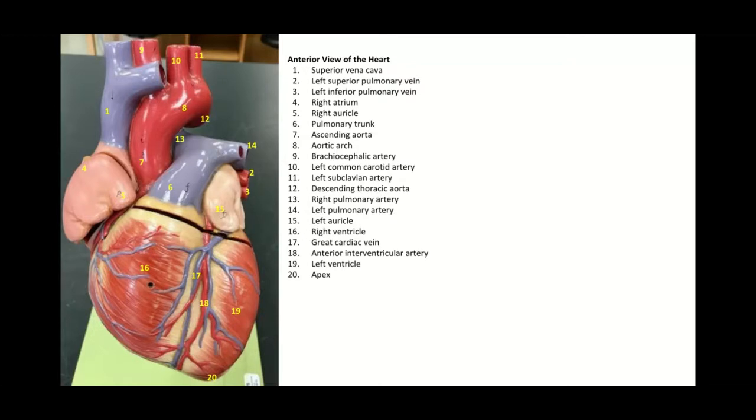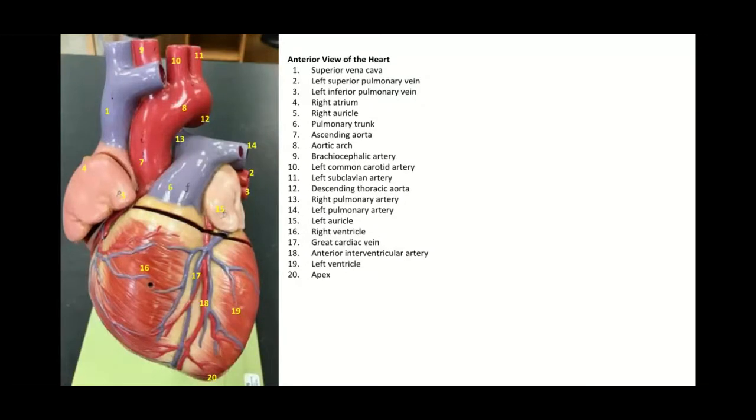The aorta has 3 important parts. First, you have number 7. Number 7 is called the ascending aorta because it comes up. After that, you have the arch, number 8, which we call the aortic arch, and then we have number 12, which is the descending aorta.